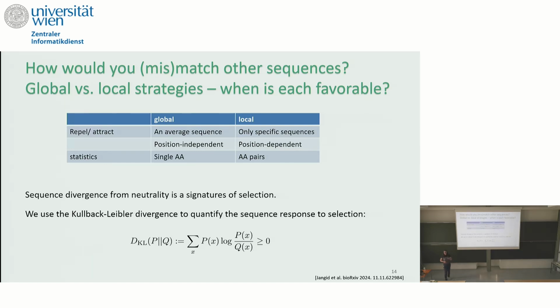Whenever we see a deviation from this prior, which is the neutral state, we consider this a signature of selection acting on these sequences. I will use the Kullback-Leibler divergence from information theory to quantify the extent of deviation. This is a measure of divergence between the distributions P and Q.